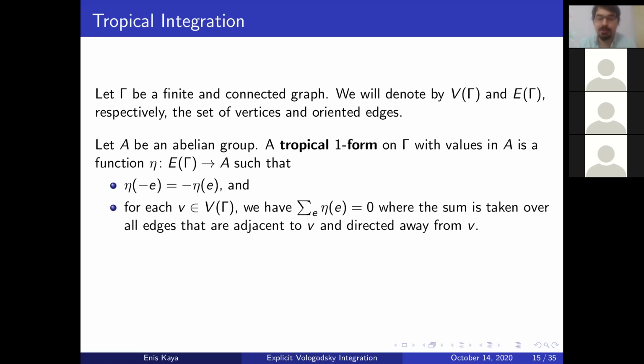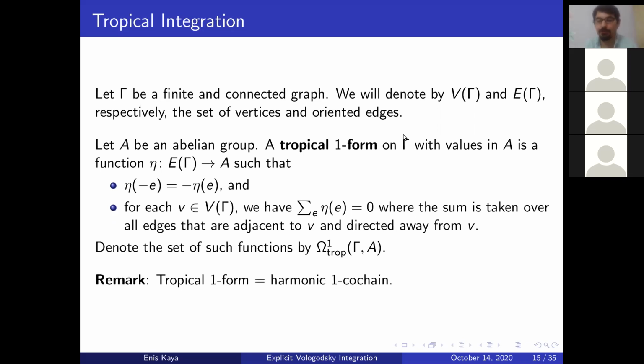When these two conditions hold, we have a tropical one form, and we denote the set of such functions by this symbol. Let me say that a tropical one form is just a harmonic one cochain. This is just another name for the same object, because the first condition is just being a cochain, and the second is just a harmonicity condition.